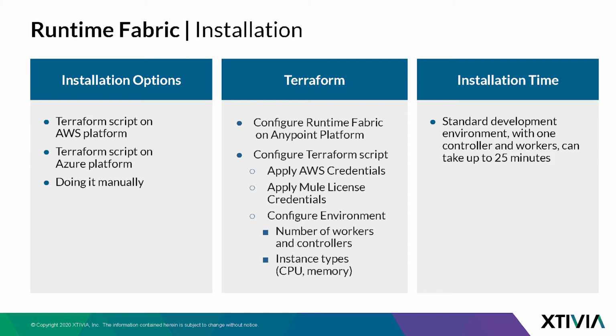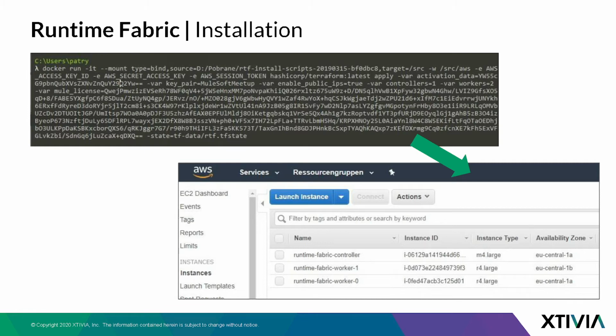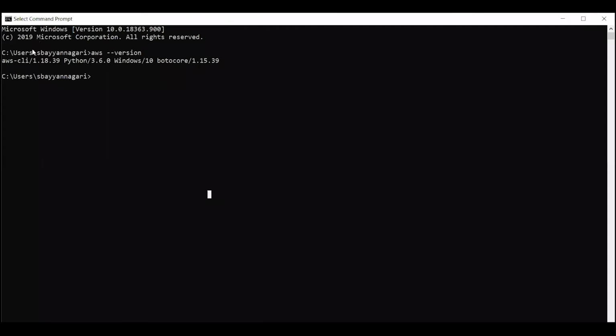So I'm going back to my installation steps. First, in my command prompt, I need to check the AWS version. So this is the AWS version I'm using. In order to do this, we need to install the AWS CLI, the command line interface, in order to talk to our AWS account.